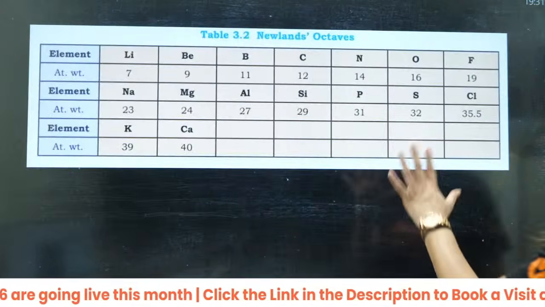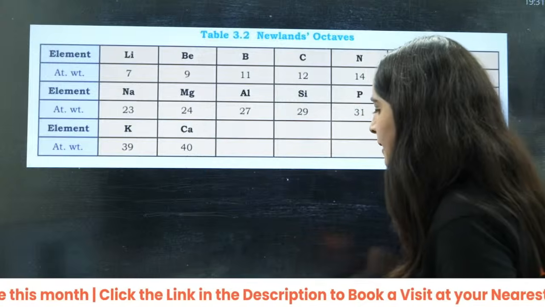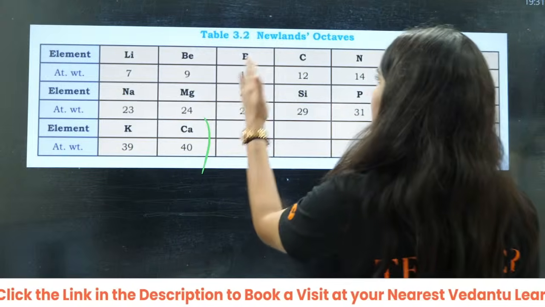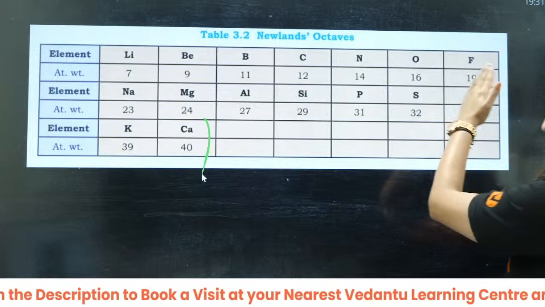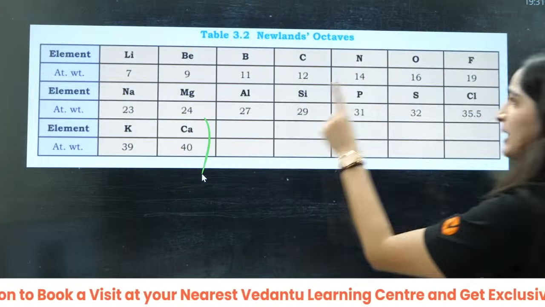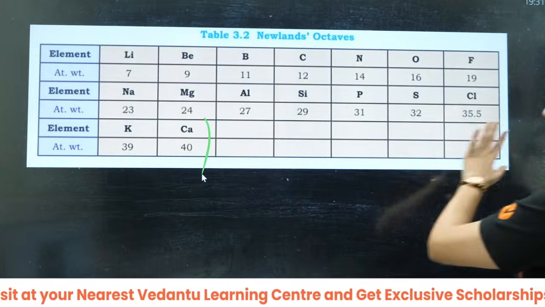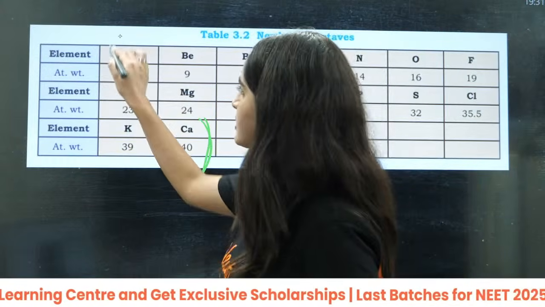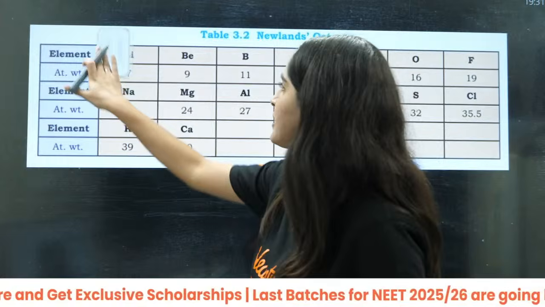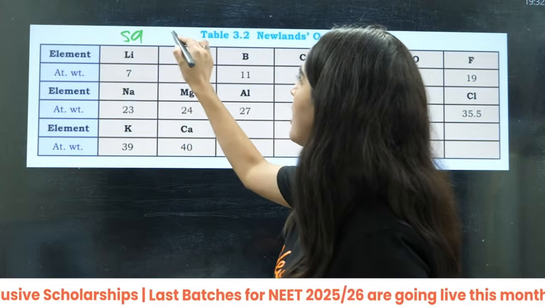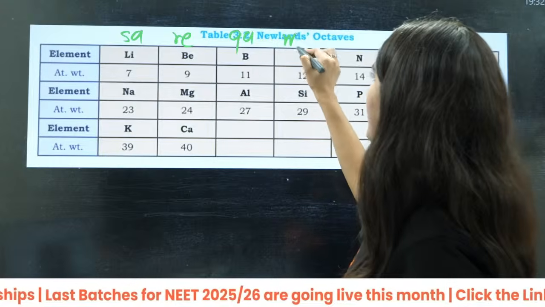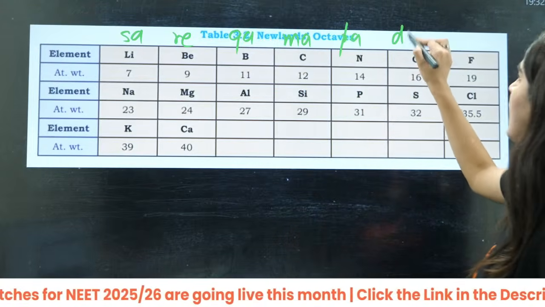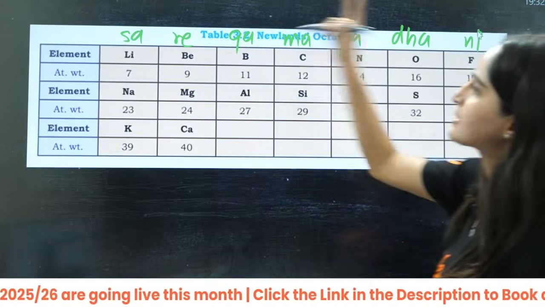So you can see till calcium it was applicable: lithium, beryllium, boron, carbon, nitrogen, oxygen, fluorine, sodium, magnesium, aluminium, silicon, phosphorus, sulfur, chlorine, potassium, calcium. That means this is sa, re, ga, ma, pa, dha, ni, sa.